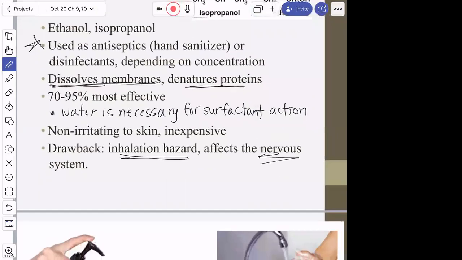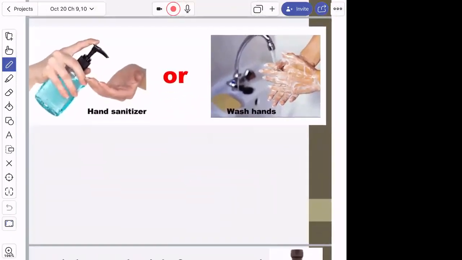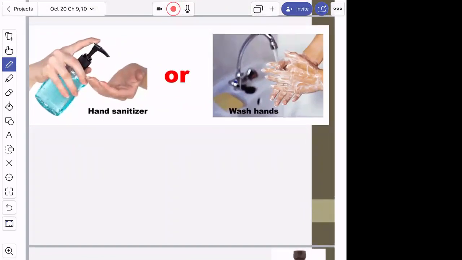So I thought it was a good time in the midst of our pandemic to think about good ways to wash our hands, or the best way to wash our hands. And if you've been trained in a hospital or whatever, I'm sure you probably know this already. But if you had your choice of whether to use hand sanitizer or wash them with soap and water, what's the best thing to do?